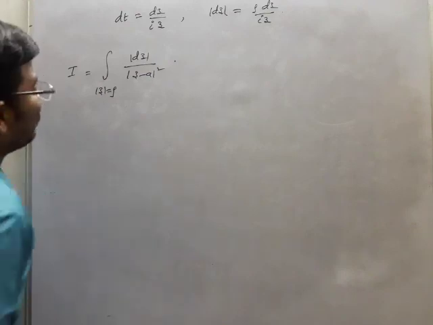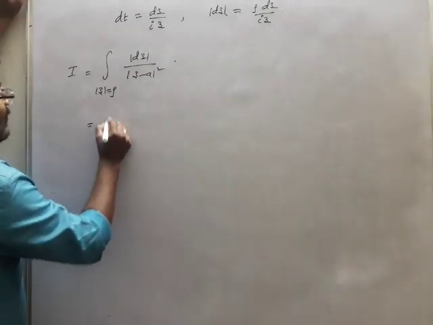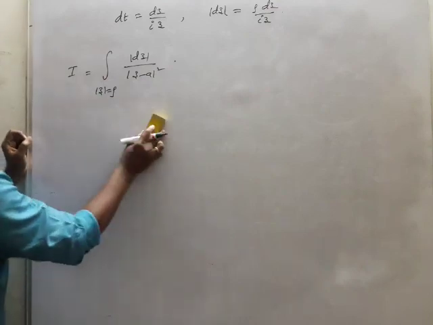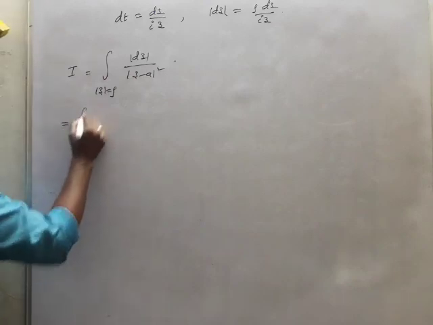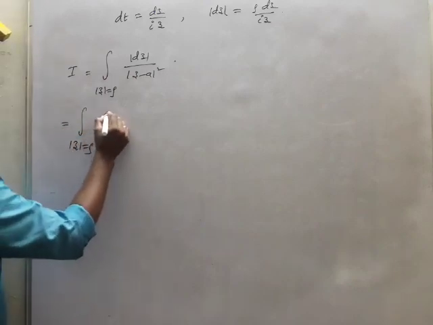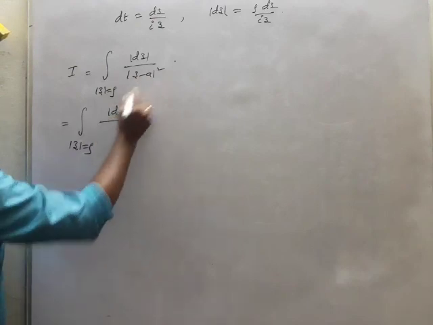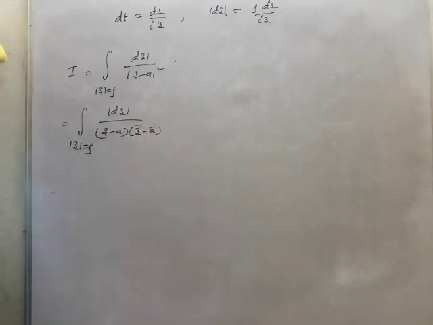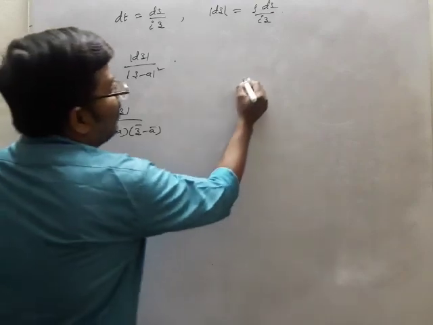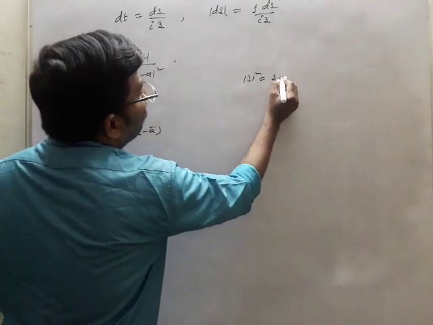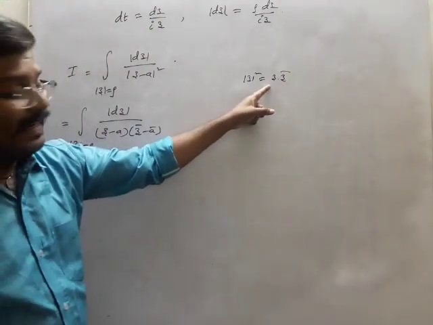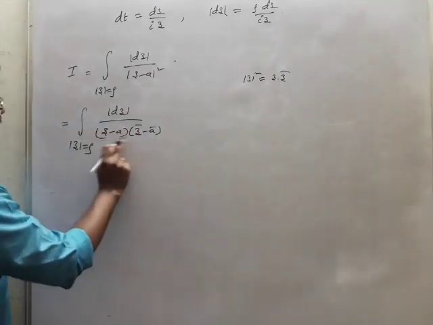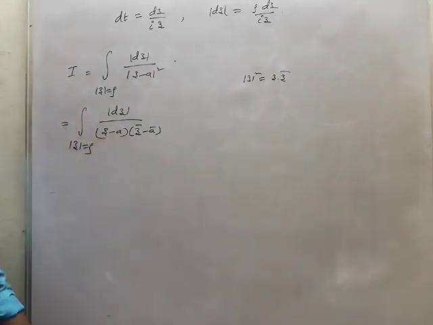I'll write it in this form. This is the integral over mod z is equal to rho of mod dz by z minus a into z bar minus a bar. Why have we written this? See, mod z square can be written as z into z bar. This formula we have, so therefore we have chosen the form z minus a into z bar minus a bar.